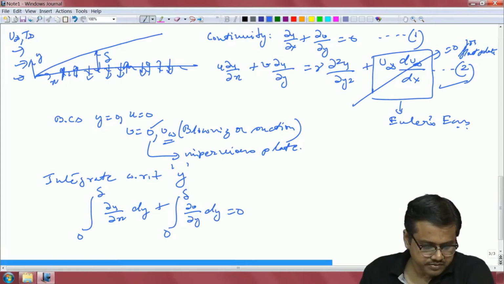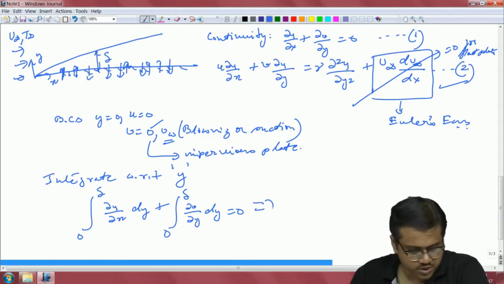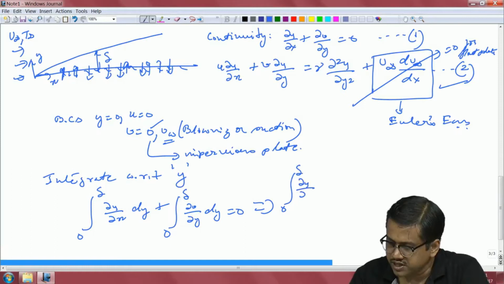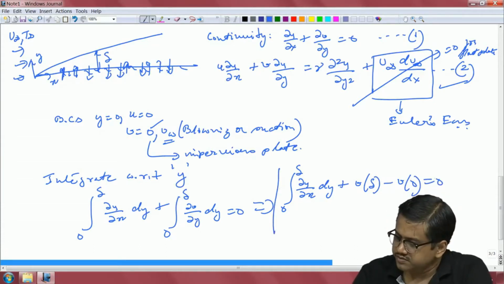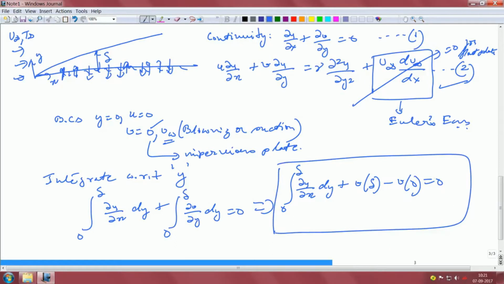Okay. So, that is the form that we have. This leads to integral from 0 to delta of du/dx dy plus v at delta minus v0 is equal to 0. Very simple, right?